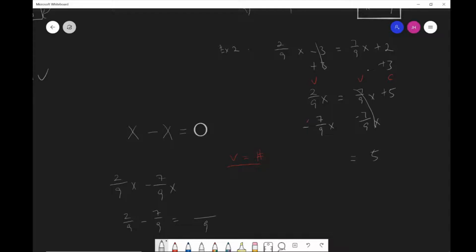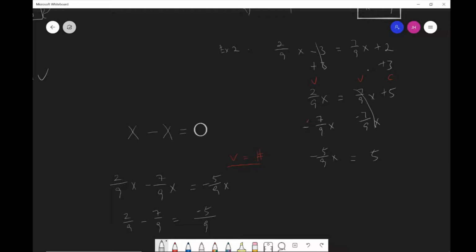2 minus 7, just take it as if I'm doing the integers 2 minus 7, that will give you negative 5. So altogether, that will give you negative 5 over 9x. Right, let's put it back here, negative 5 over 9x.